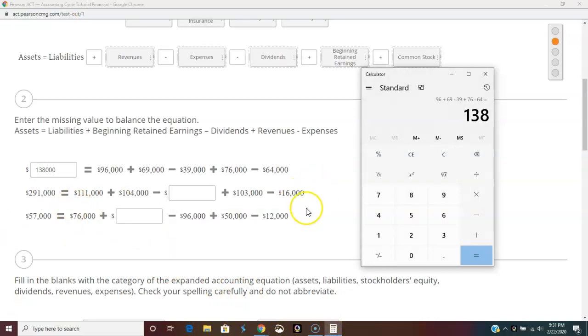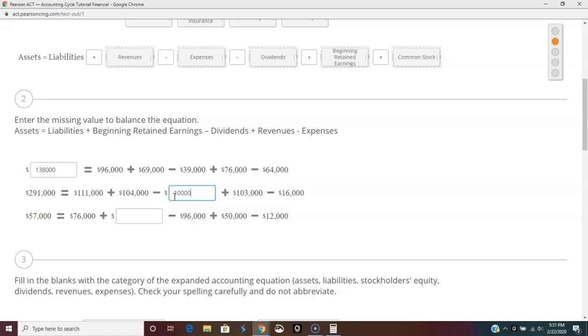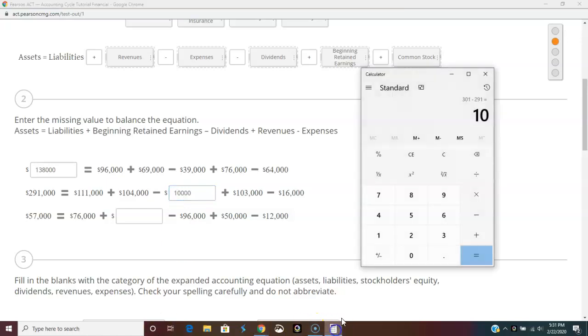We're going to go 110 plus 104 plus 103 minus 16 equals 301 minus 291 equals 10,000.